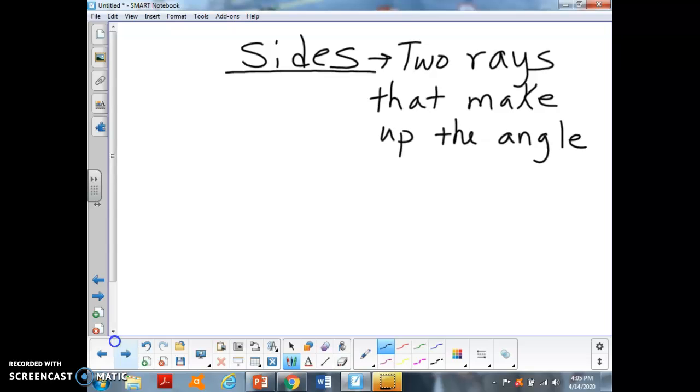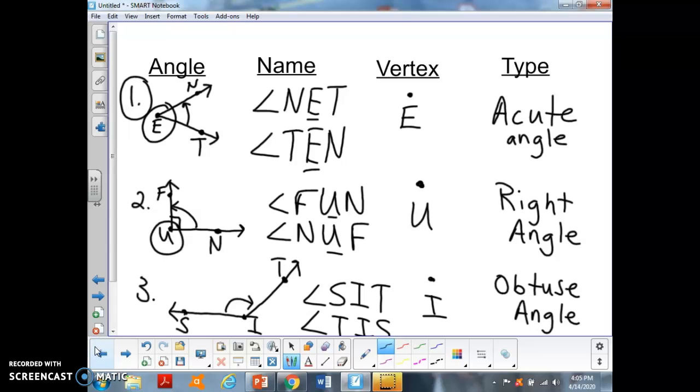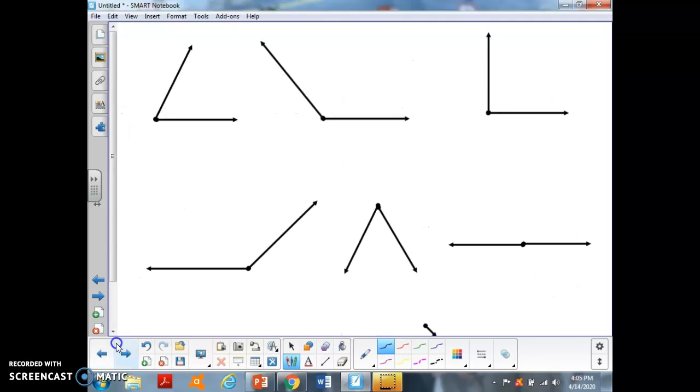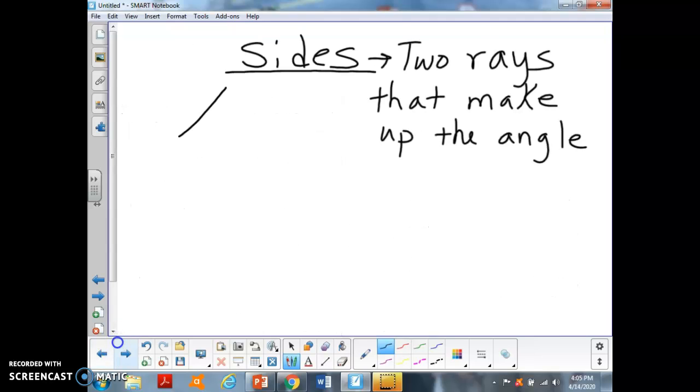Okay, so because I ran out of room, jumping back, our first one was angle N-E-T. Okay? It looked like this. N-E-T. Okay? So we want to label the sides of this. We said the angle's name was angle N-E-T. The sides would be, there's my symbol for ray.